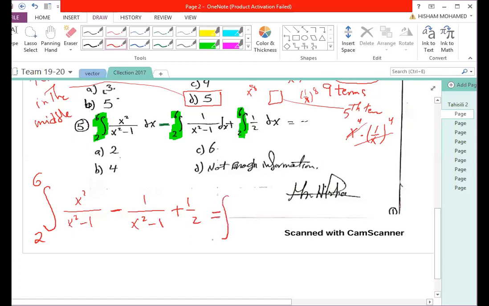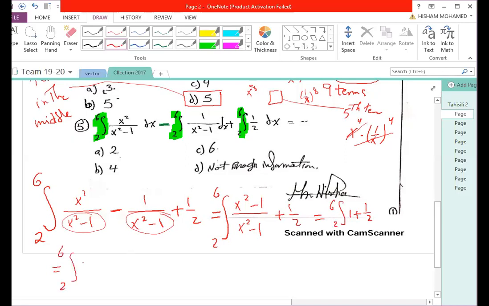So it's the integral from 2 to 6. I have the same denominator here, so I can add the numerators easily, which is x squared minus 1 plus half. And x squared minus 1 over x squared minus 1 is 1. So it's the integral from 2 to 6 of 1 plus half, which is 1.5.